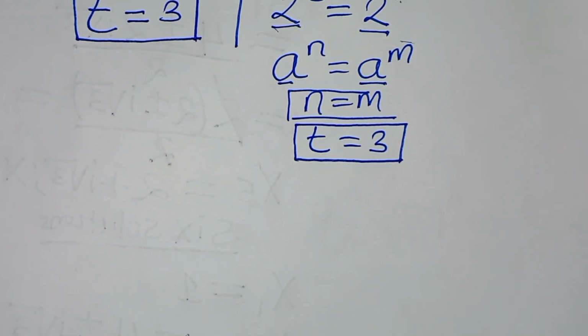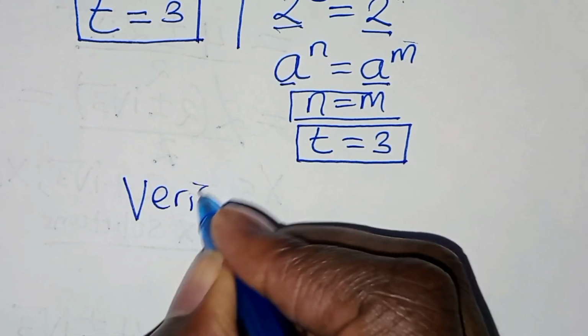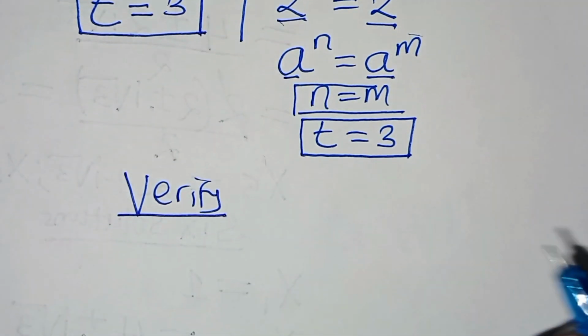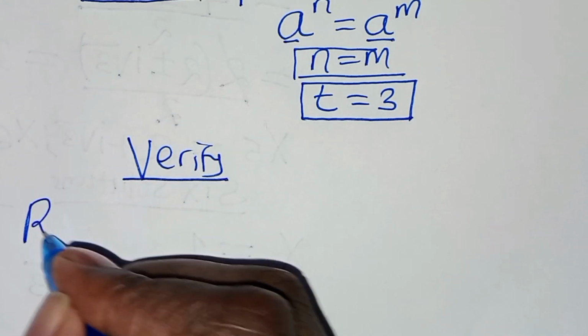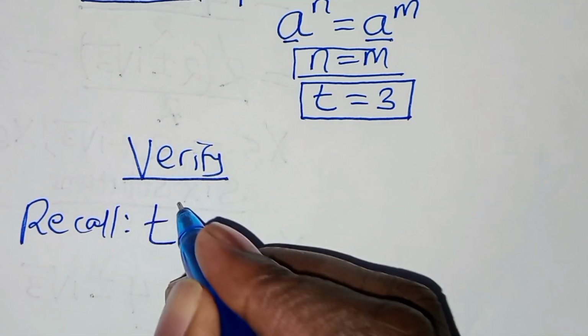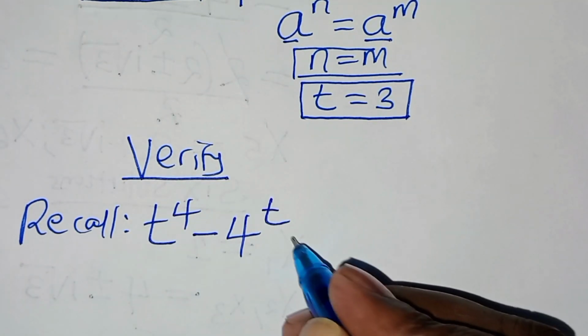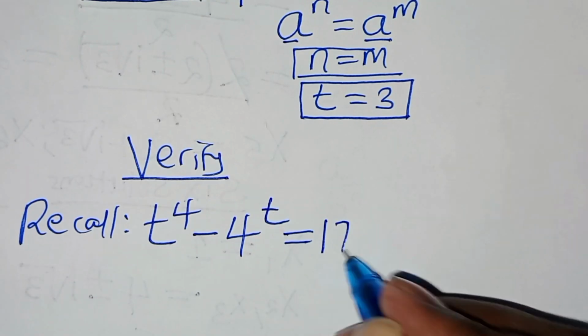The next step is to verify. If you recall, we entered t to power 4 subtract 4 to power t. This should give us a value of 17.